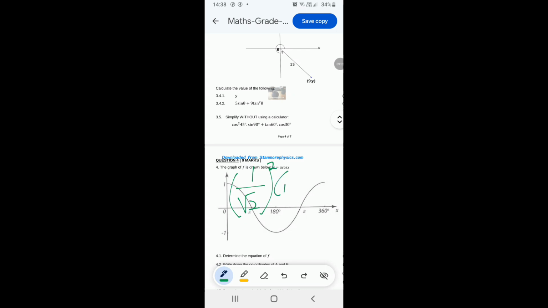Sine 90 is 1. Tan 60 is square root of 3. Cos 30 is square root of 3 over 2. Now you simplify this, you get 1 over 2. You simplify this, you get 3 over 2. Your answer is 2.